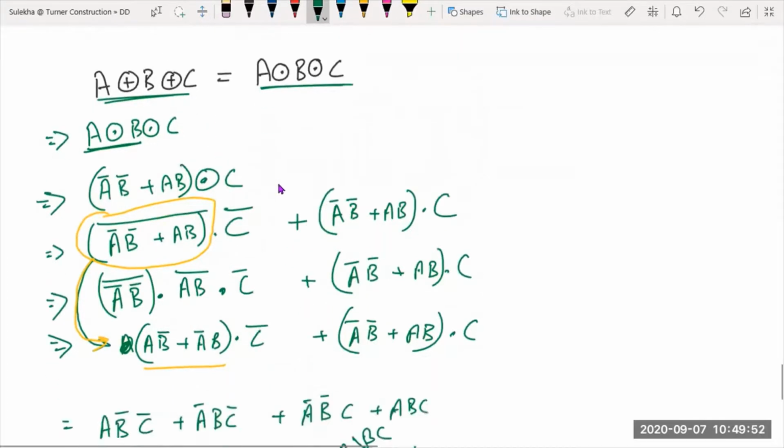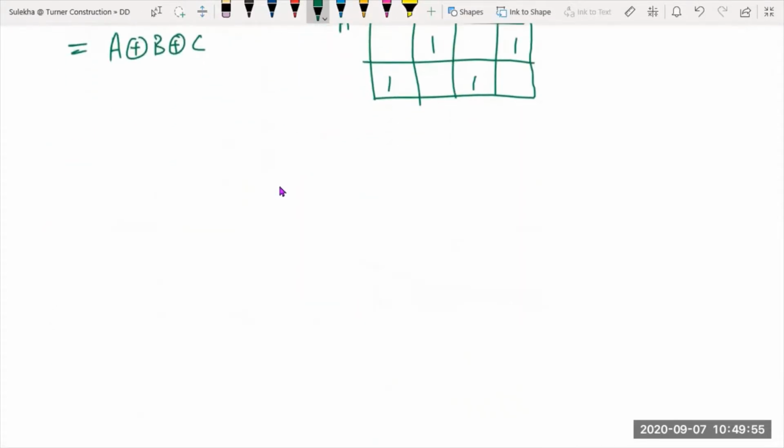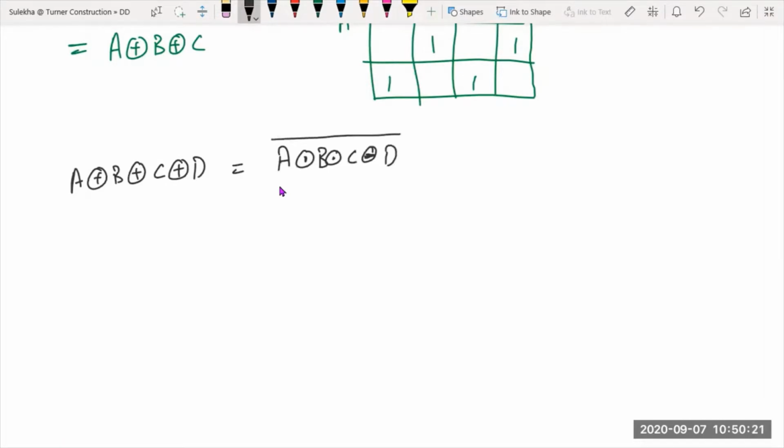If you take it further, we have proved it for 2 variables and 3 variables. Now if I take 4 variables, A XOR B XOR C XOR D, in XOR form, the relation is that if you prove it, you will get A XNOR B XNOR C XNOR D whole complement.